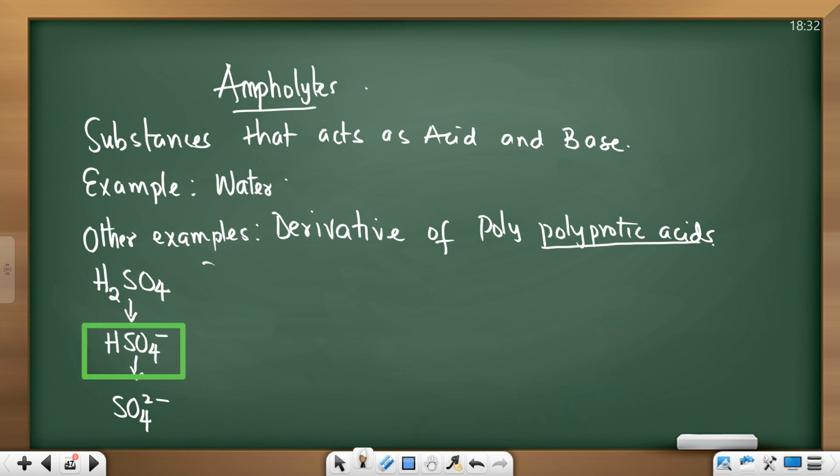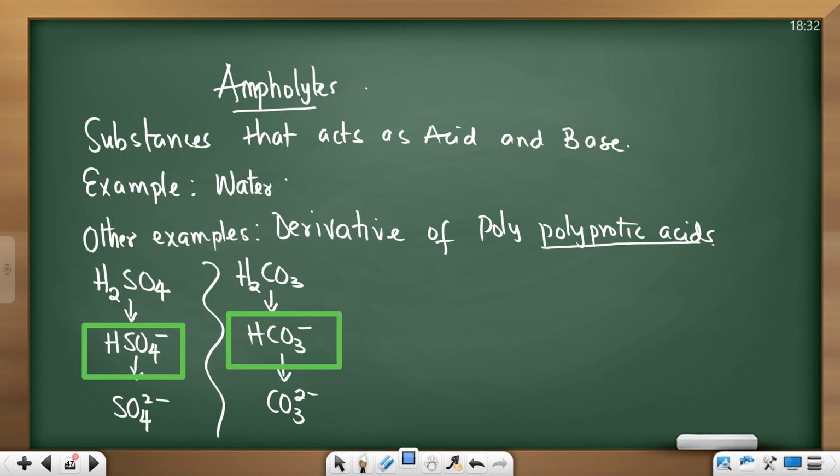I'll give you another example. Carbonic acid, H2CO3. Take out one proton, HCO3 minus. Take out another proton, CO3 2 minus. The one in the middle is an ampholyte. I'll give you another example. H3PO4. Take out one proton, H2PO4 minus.